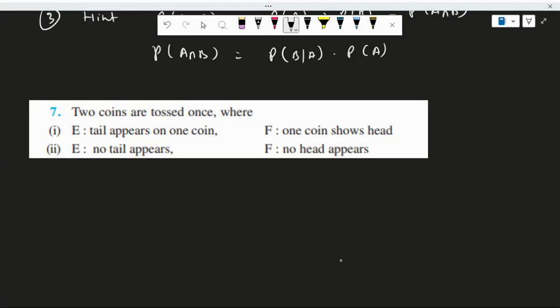Okay. So E event: tail appears on one coin. So TH, TT. That's it? There'll be more, right? So HT and then HH.